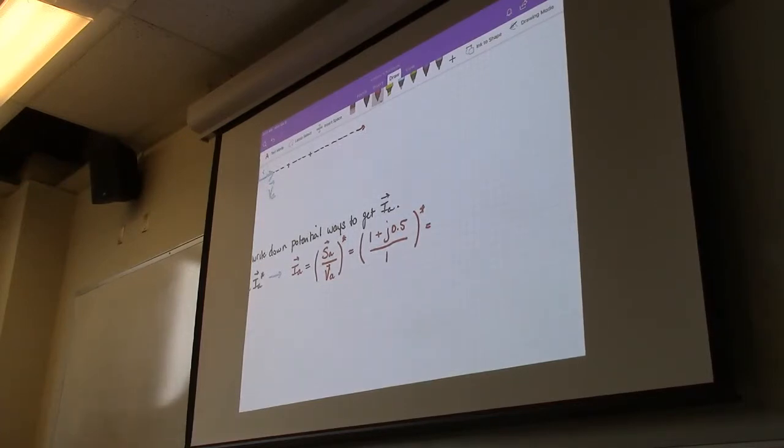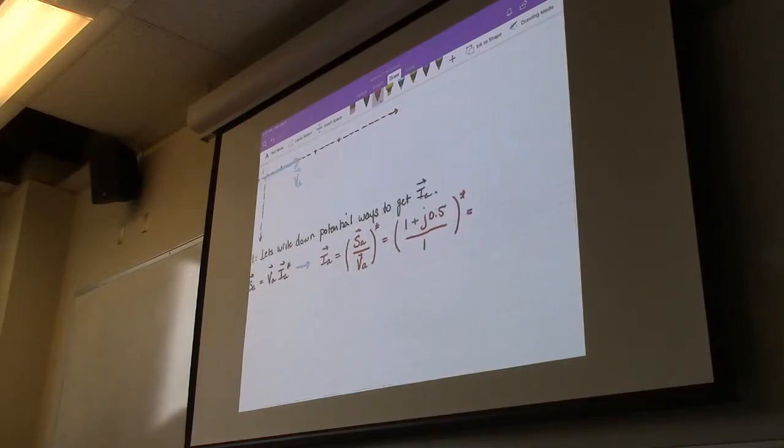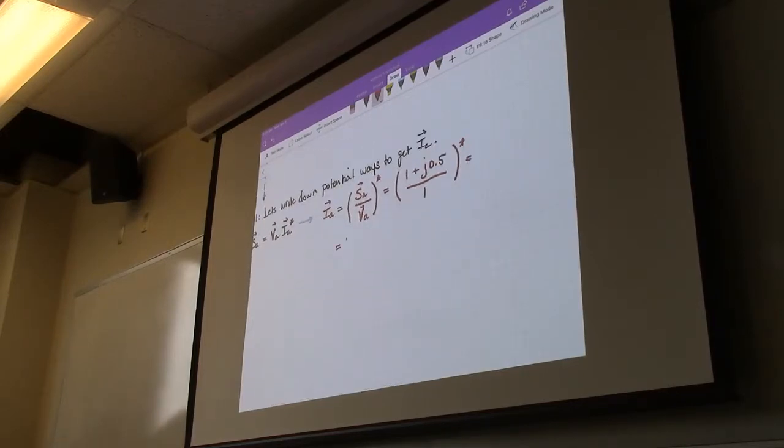Okay, so the angle is 1.1180 with an angle of negative 26.5 degrees, give or take.